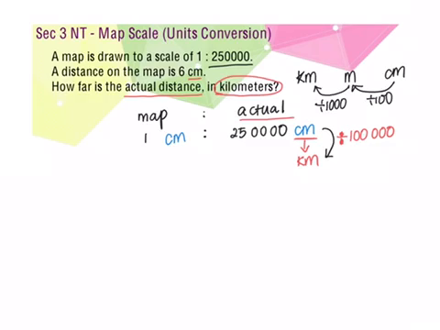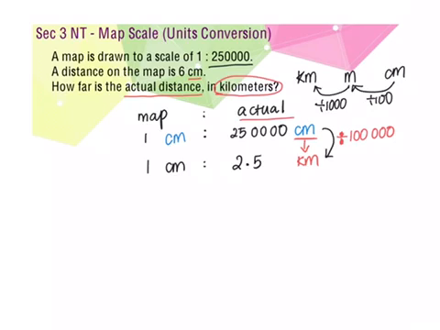What will we get? We'll get 1 cm on the map, it stays, no change. And for this, we will divide by 100,000, and that gives us 2.5.